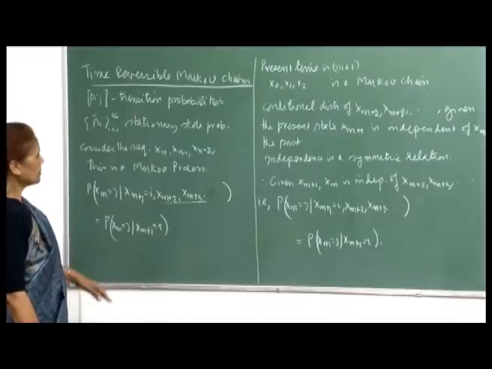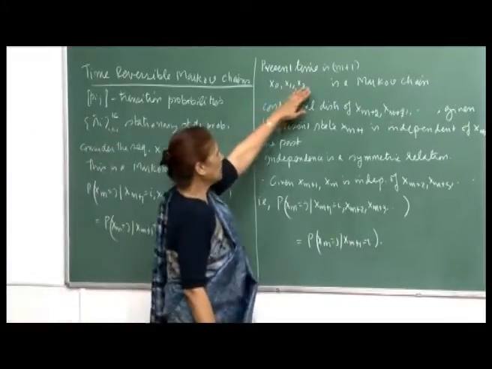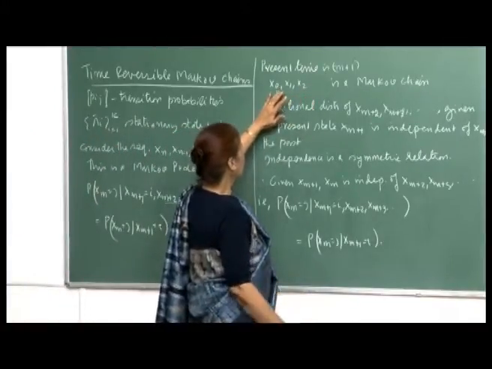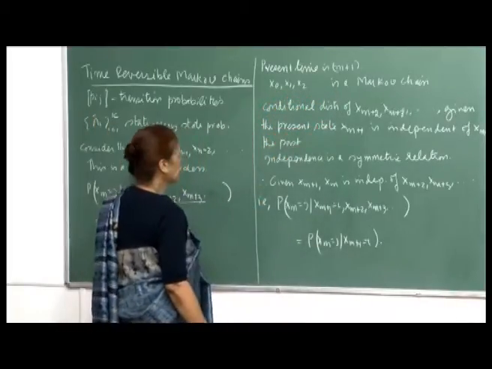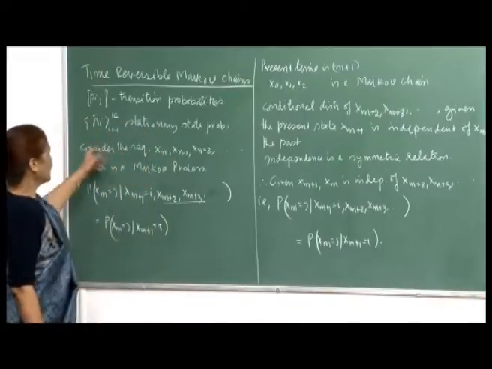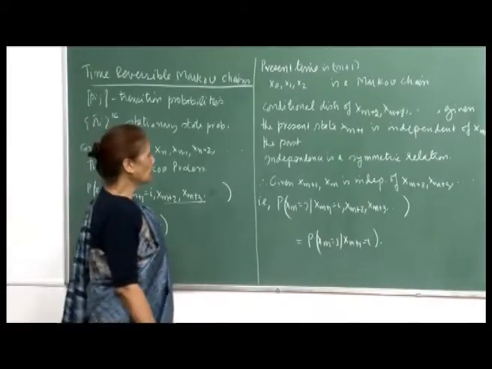The present time is m plus 1, and we are given that x naught, x 1, x 2, and so on is a Markov chain, as I said, and the corresponding transition probabilities are p i j's, and the pi i's are the stationary probabilities.